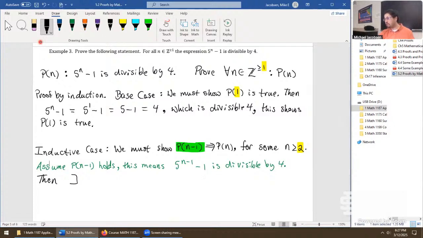Then there exists an integer k, so I'll say there exists k in Z, such that 5^(n-1) - 1, if it's divisible by 4, it also means it's a multiple of 4. So we can write 4 times k. This is the essence of divisibility by 4.